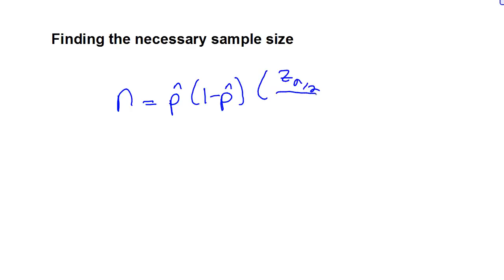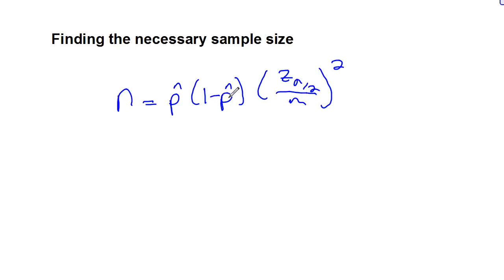Just like with the standard normal curve, we can also find the necessary sample size, which is going to be n is equal to p hat times 1 minus p hat times z alpha divided by 2 over our margin of error, squared.